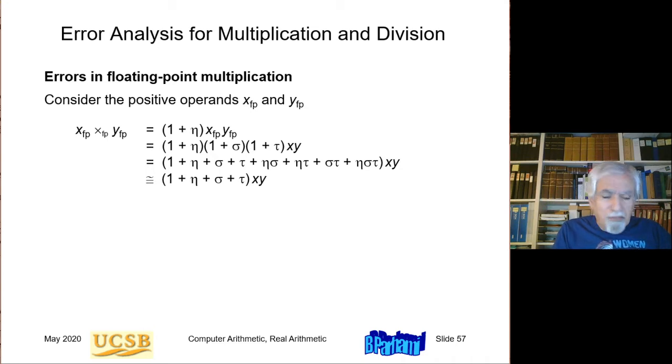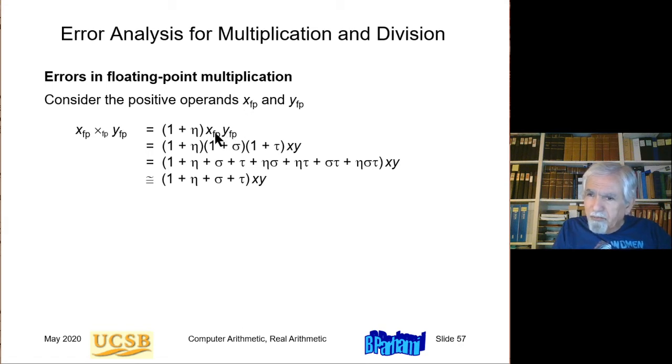Okay, so let's do some very simple analysis for floating point operations, starting with multiplication. When we multiply two floating point numbers, x_fp, the floating point representation of x, multiplied using the rules of floating point arithmetic by the floating point representation of y, the result will have some relative error eta compared to the exact product of those two representations.